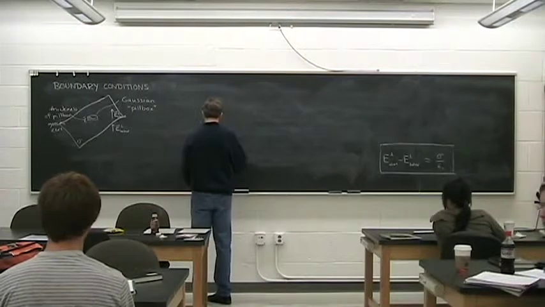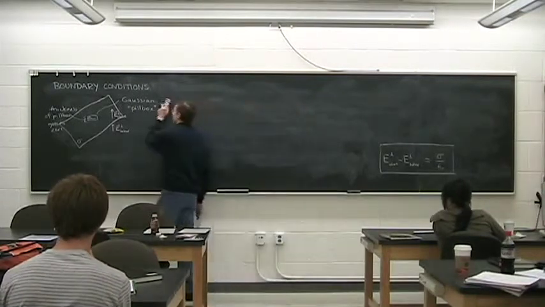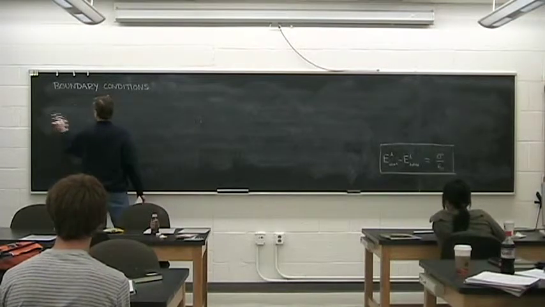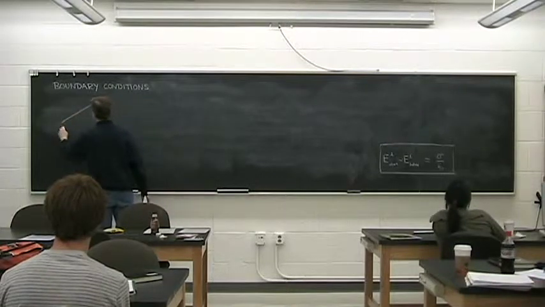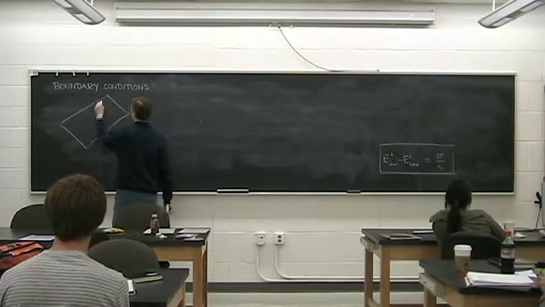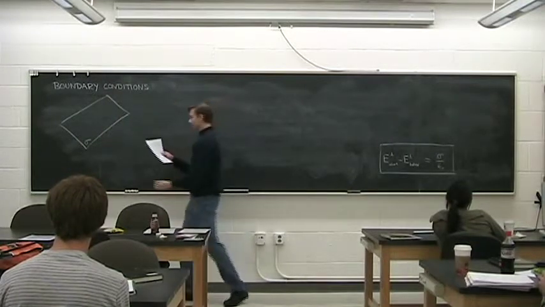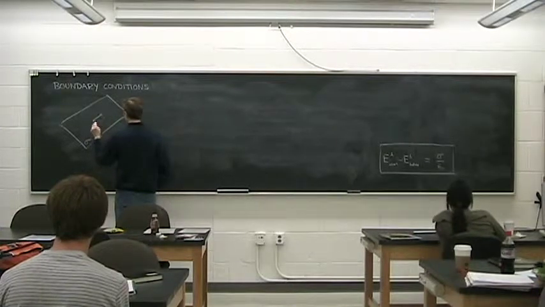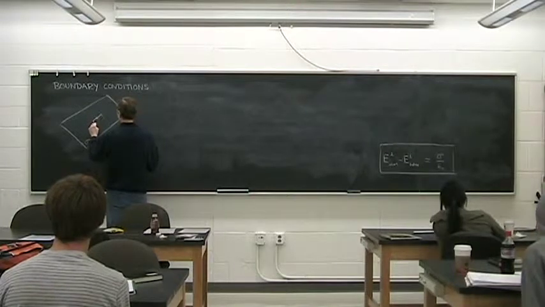All right. Now, let's consider the parallel component. So this told us something about the perpendicular component of the electric field. Let's consider the parallel component. I'll redraw my surface, and this time, instead of a Gaussian pillbox, we'll make a little loop.